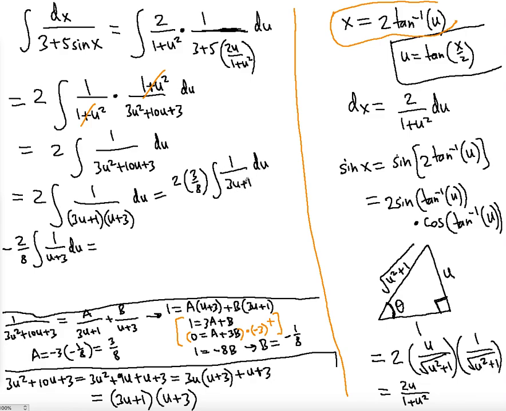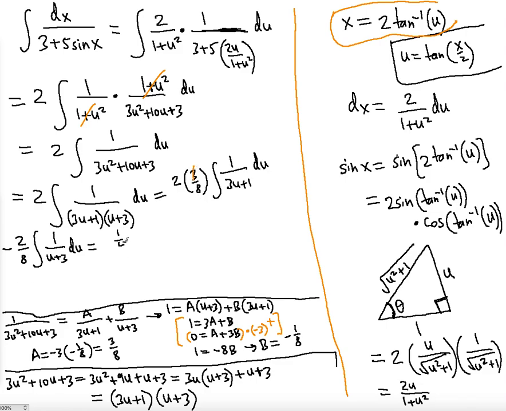If you set this to v, dv is going to be 3 du, right? So you will need 1/3. There will be 1/3 involved, so we can disregard this 3, and 2/8 becomes a 4, right?